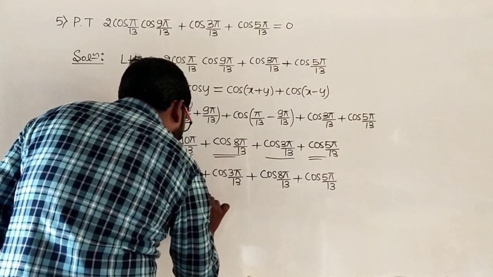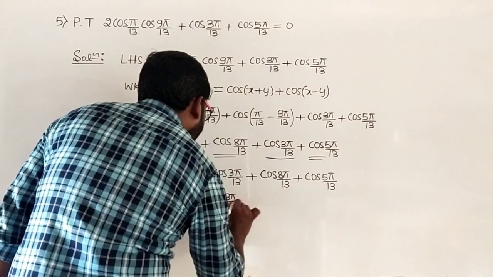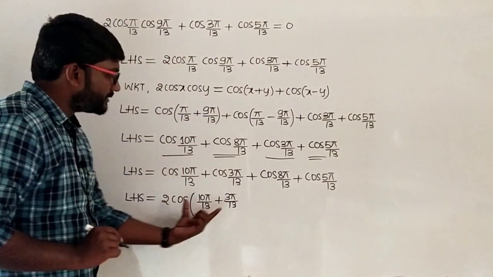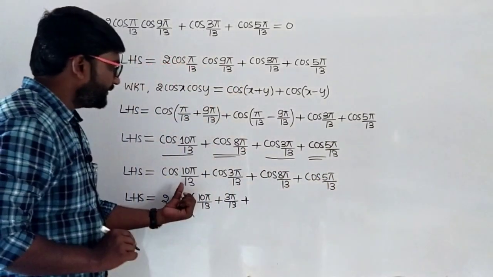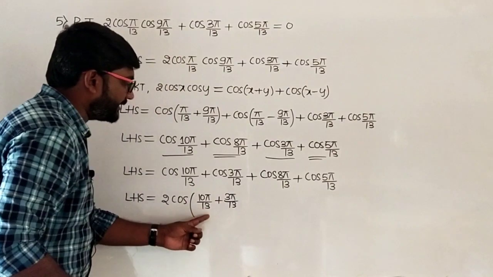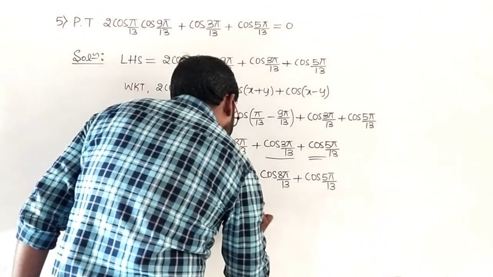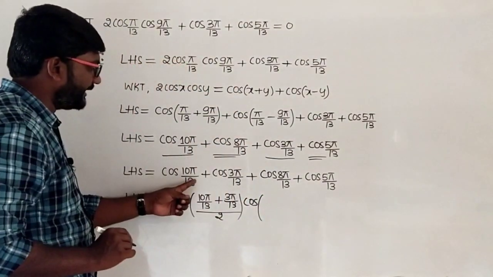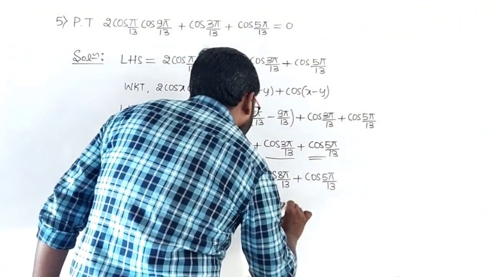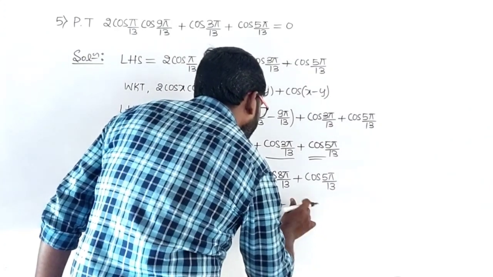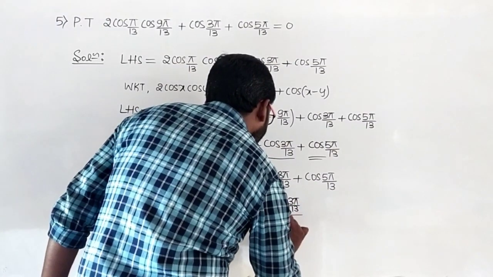So now 10 pi by 13 plus 3 pi by 13, whole divided by 2, then into cos of x minus y by 2, so 10 pi by 13 minus 3 pi divided by 13, whole divided by 2.